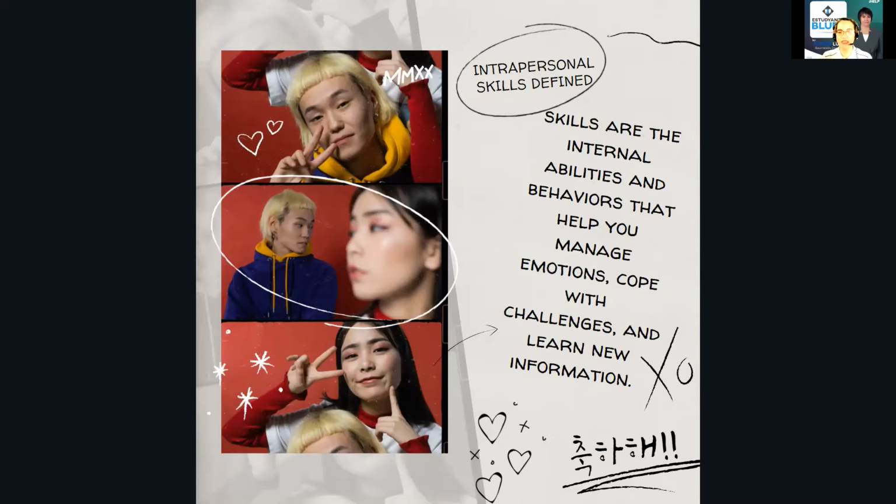So developing such intrapersonal skills is very, very important, especially for you young people who are still in the formative stage of your lives.